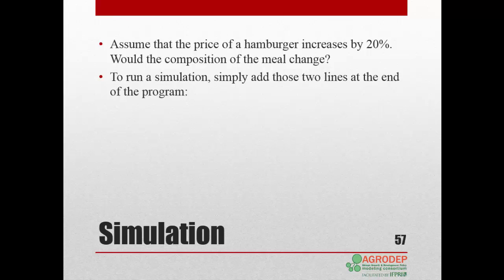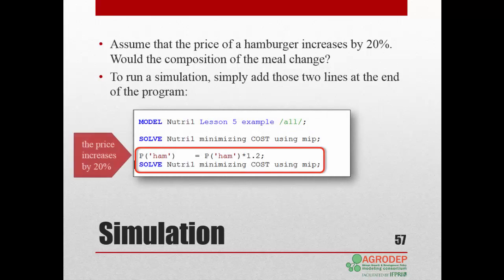Simply add the 2 lines shown below at the end of the program. After the first solve statement, we change the price of a hamburger by an assignment statement, which increases the price by 20%. We include the second solve statement, identical to the first one, but now the model will solve with a new price.